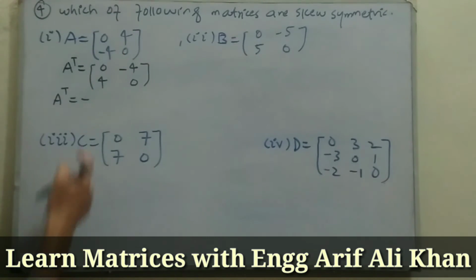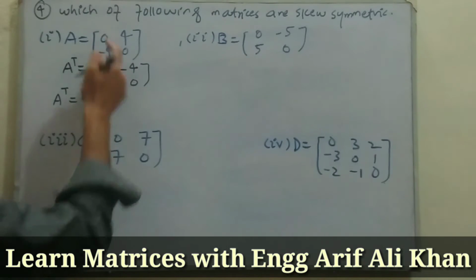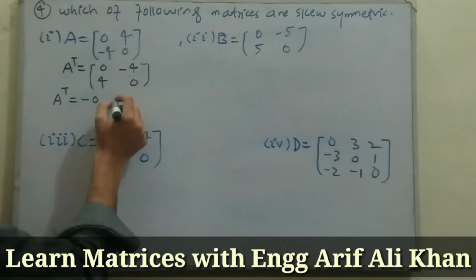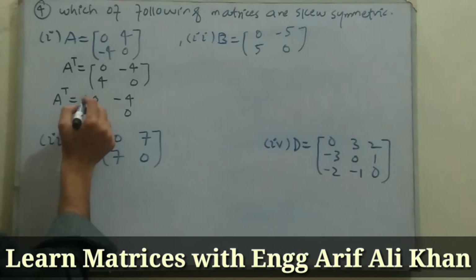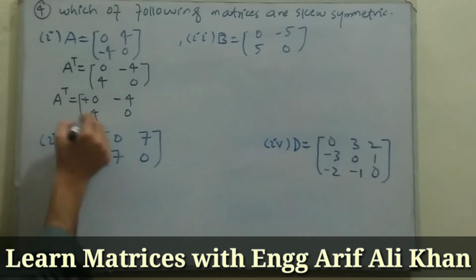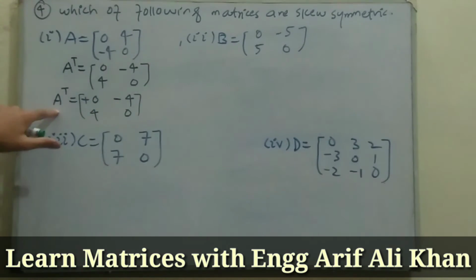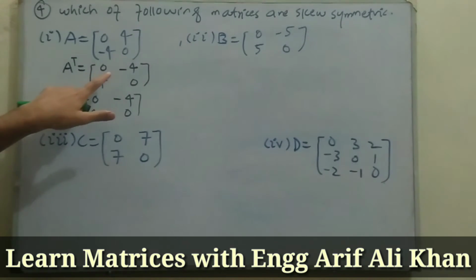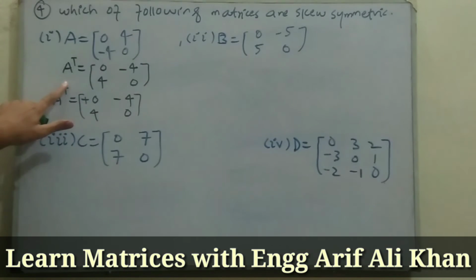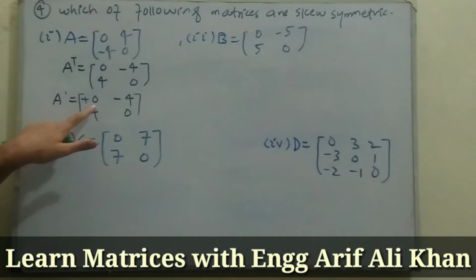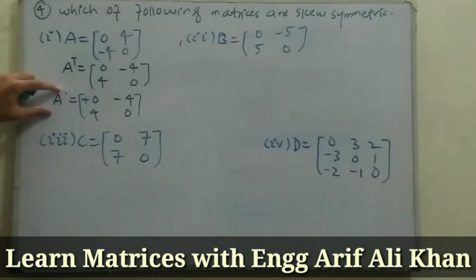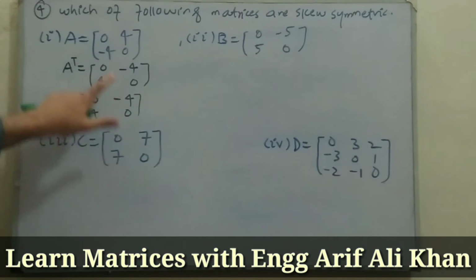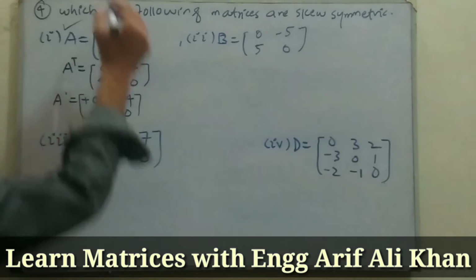The original matrix is A, so multiply minus with it, so it becomes minus 0, minus 4 and 4 and 0. Here we can take it as positive 0. So our A transpose is 0, minus 4 and 4, 0, and our minus A matrix is 0, minus 4 and 4, 0. So A transpose is equal to negative times A, both are equal, so it means that the first matrix is a skew symmetric matrix.